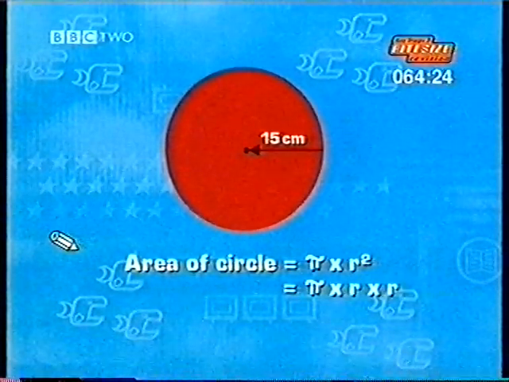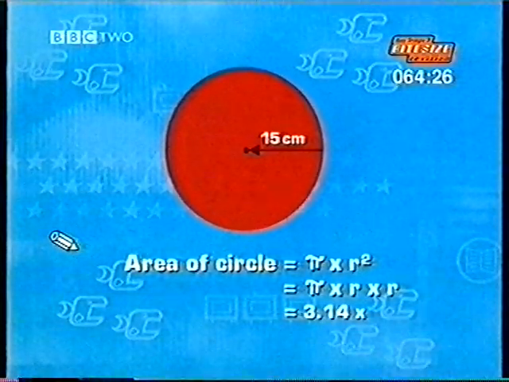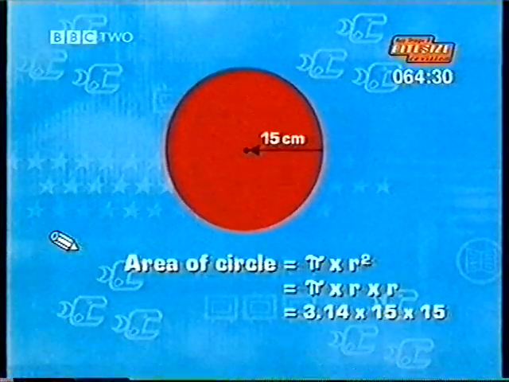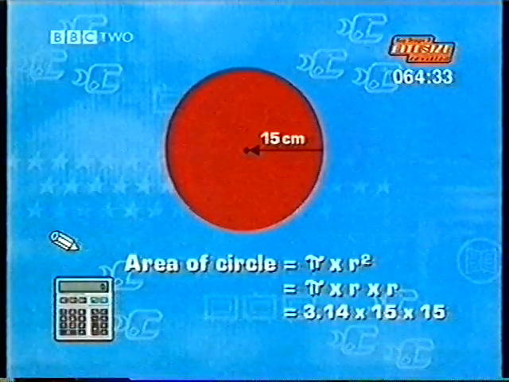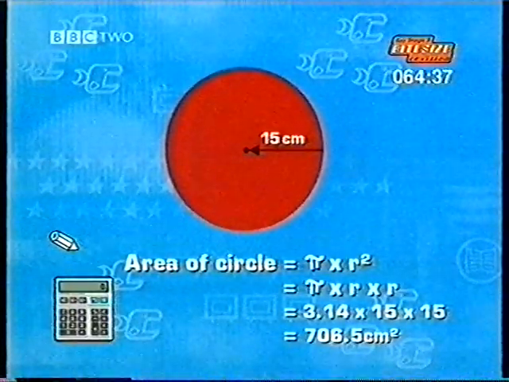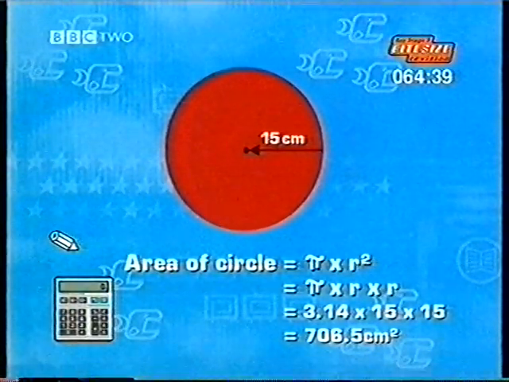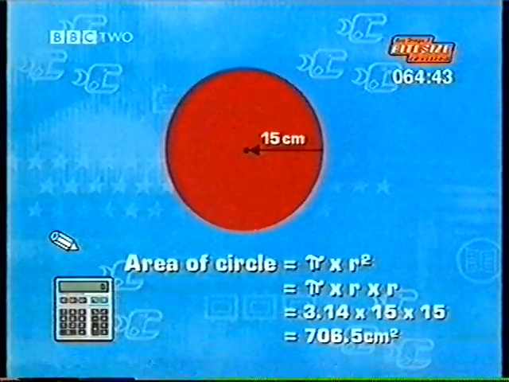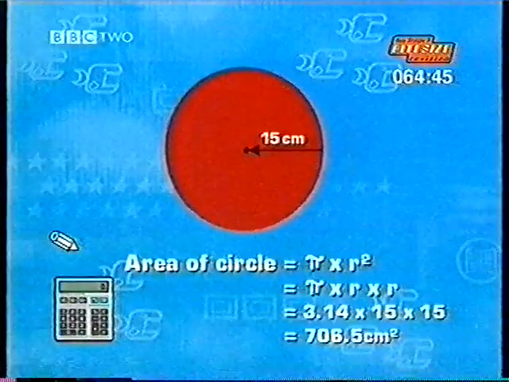So the area of this circle is pi multiplied by 15 multiplied by 15 again. Your calculator should give 706.5 square centimetres. If your calculator does not have a pi button, use the approximation 3.14 for pi.